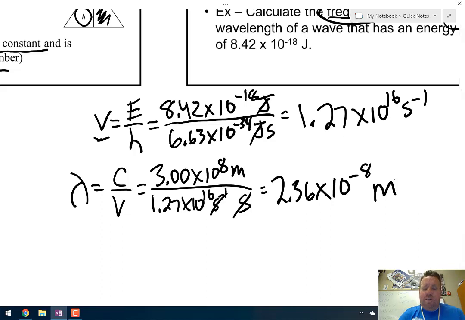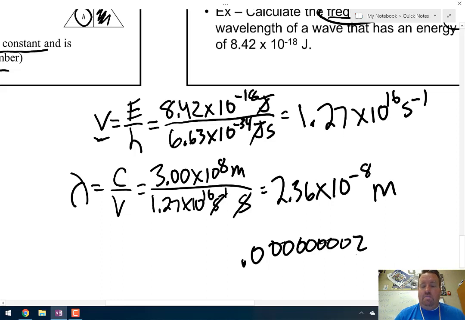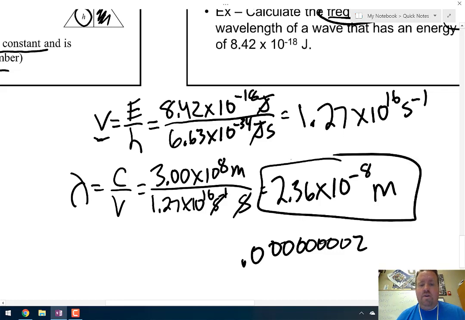So remember, on mine, I hit second, and then I hit the SCI button right here, and that puts it into scientific notation for me. It means it's going to show a lot more if you don't put it into scientific notation. So that's where I came up with that number there.